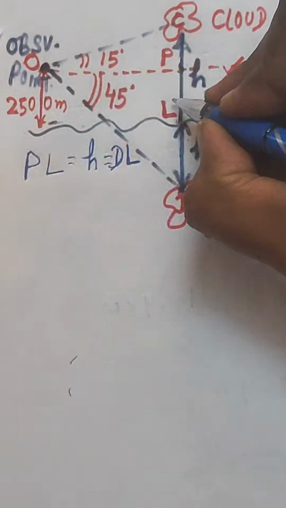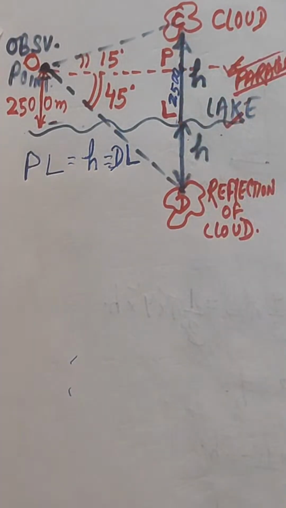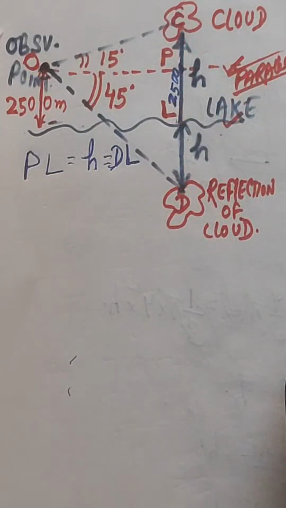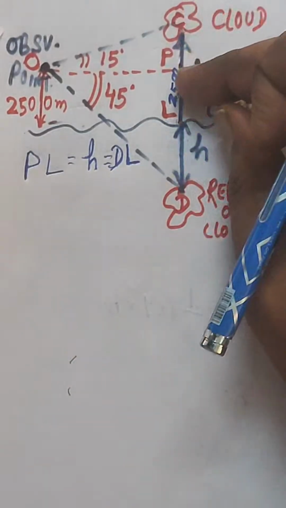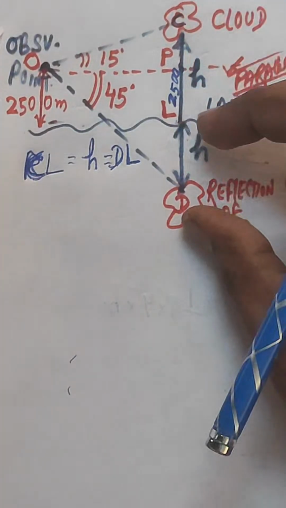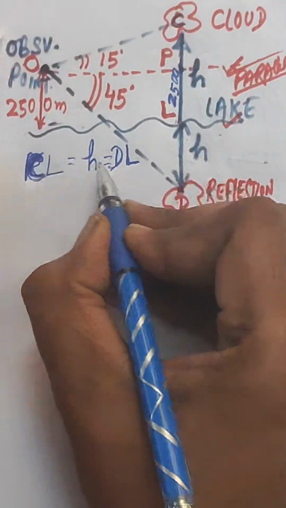Here it is not PL, basically it is CL, because this is C. You can see CL is H and DL is H, its reflection. So CL and DL are both the same, the cloud height and its reflection.